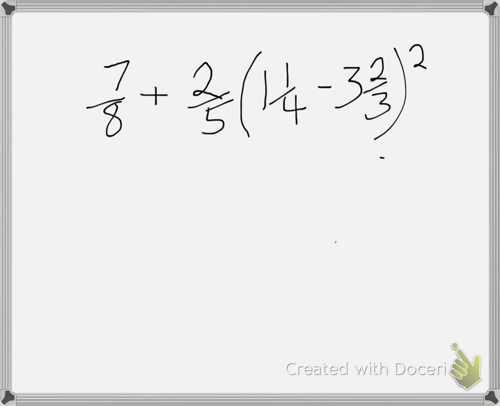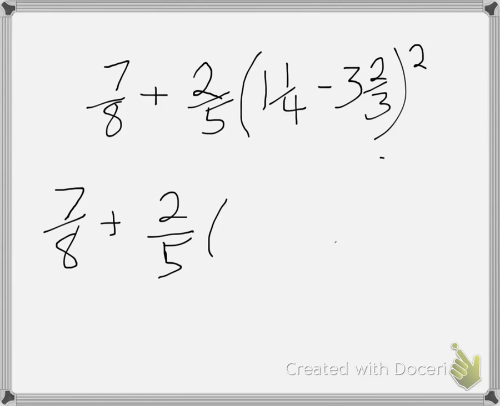Now, it is a good idea, though, to practice putting it in your calculator with the parentheses. You can literally type your fraction button: 7 over 8 plus 2 over 5.